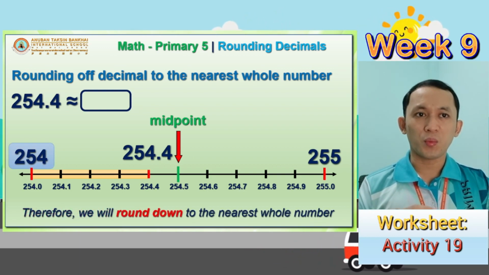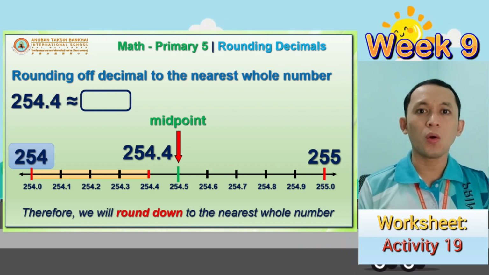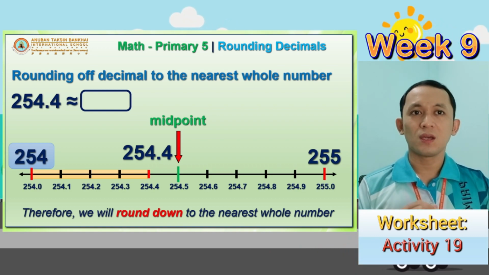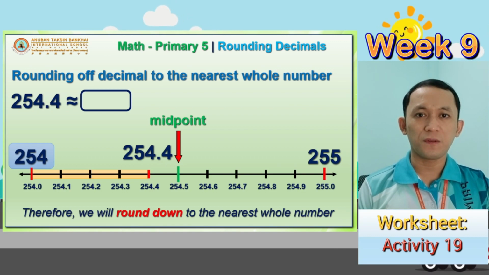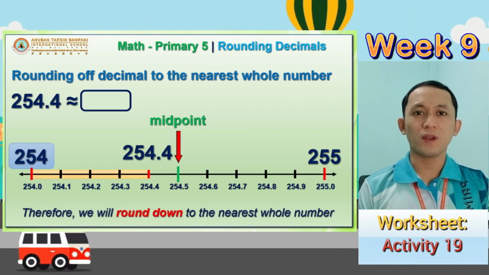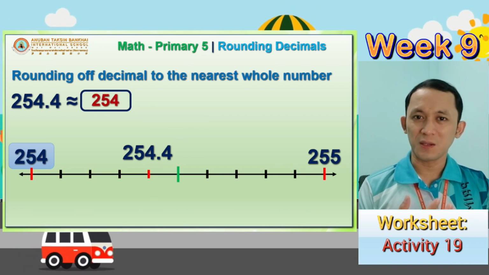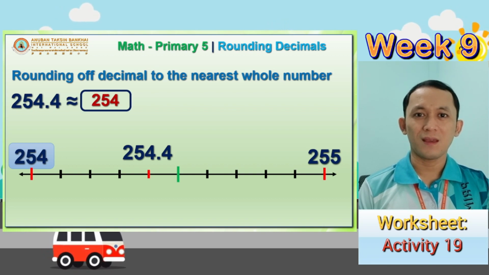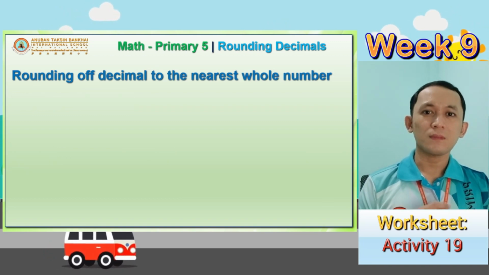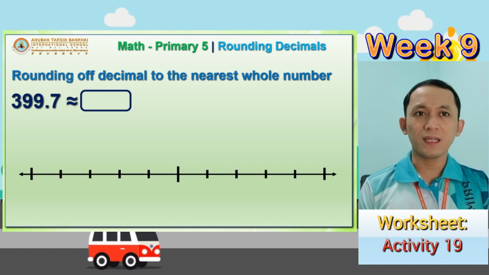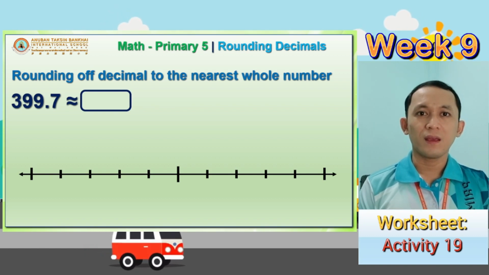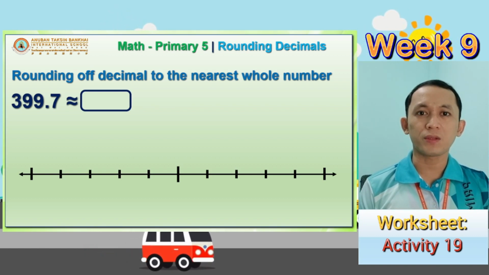Therefore, we round down to the nearest whole number, which is 254. So the answer is 254. Very, very easy. Now let's have another example. We have here 399.7 is approximately equal to blank.